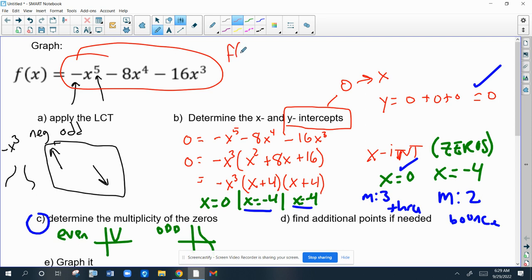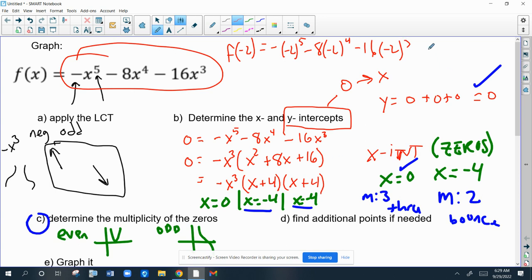So f of negative 2 would be negative 2 to the 5th minus 8 times negative 2 to the 4th minus 16 times negative 2 to the 3rd. If you're interested in how high that goes, that's a really good way to do it. I'm going to do that quickly on my calculator.